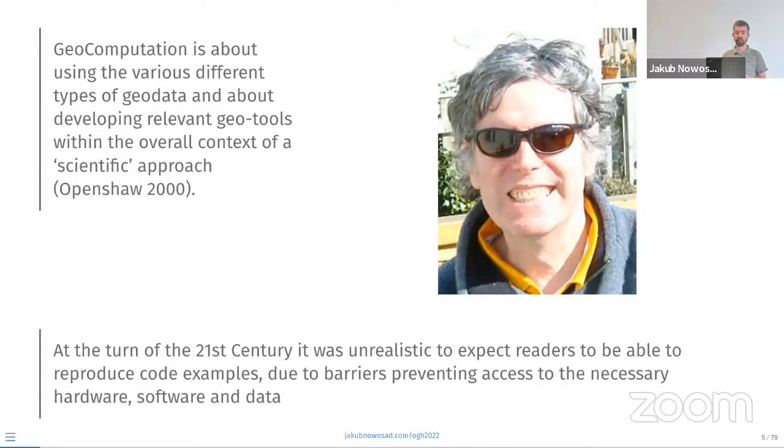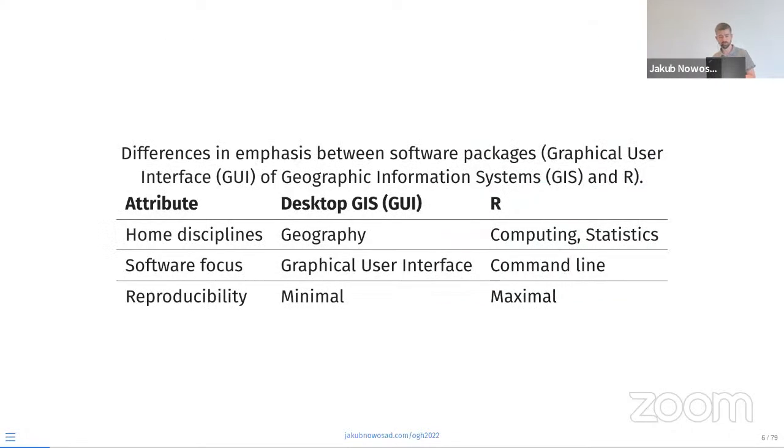So if you go back in time, 20-something years, the whole idea of having some code examples and being able to run them somewhere else was not exactly there in terms of hardware, software, data access, and so on. We are probably still not there yet, but definitely there is a much clearer path, and I will try to show you some subjective approach to this path.